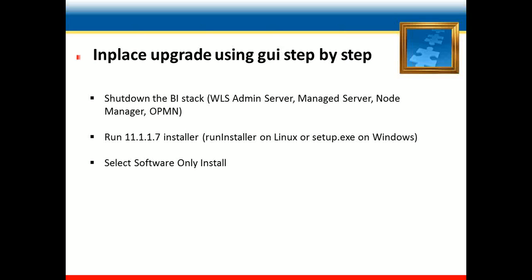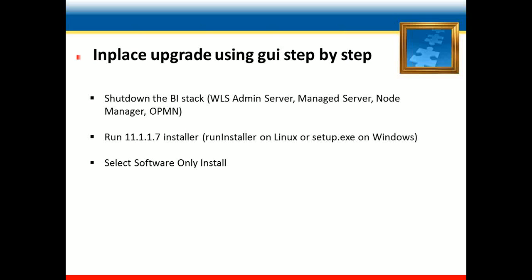Before starting this upgrade, we need to shut down the BI stack, that is the WebLogic Administration Server, Managed Server, Node Manager, and OPMN, Oracle Process Manager and Notification Service.